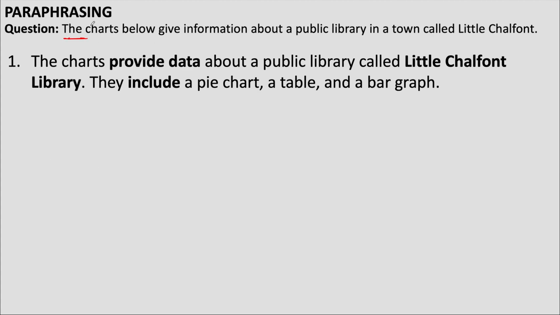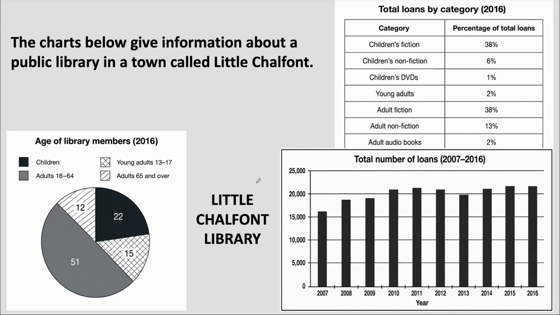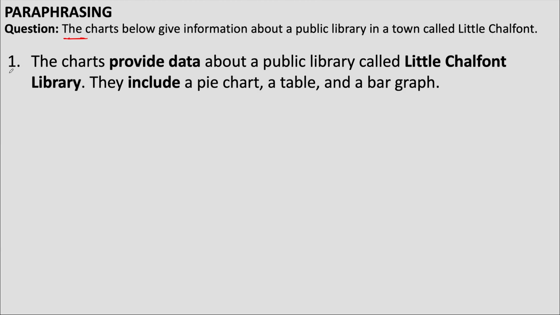The question says, the charts below give information about a public library in a town called Little Chalfont. In the question, the main heading above the charts is Little Chalfont Library. So in this first paraphrasing, instead of give information, I've written provide data.